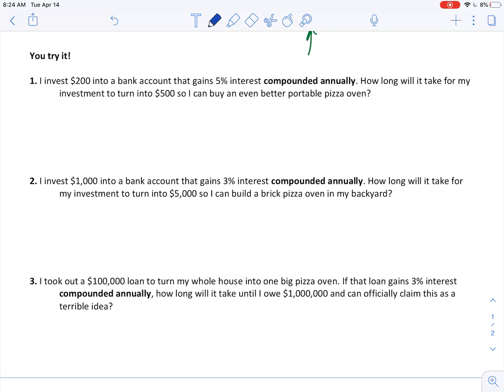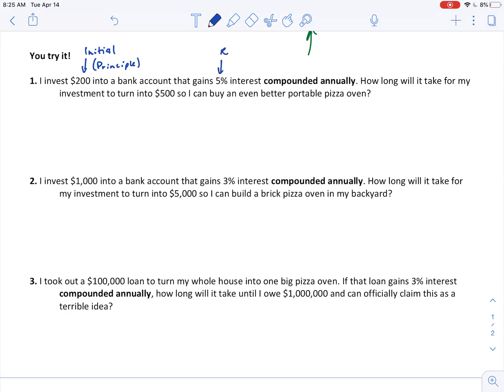So we've got 3 problems here. I'm going to show us the first one. We'll do that together, and then I'll have you guys try the last 2 on your own before you do your Google Forms quiz for the day. So I invest $200 in a bank account.